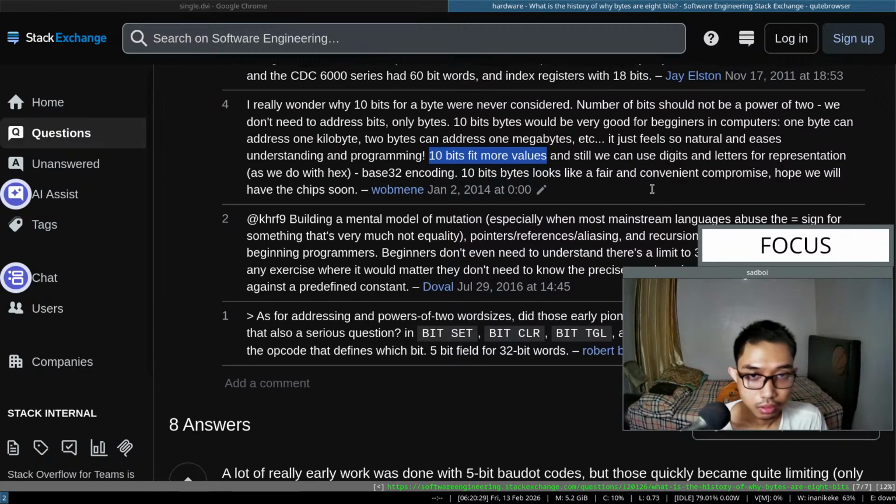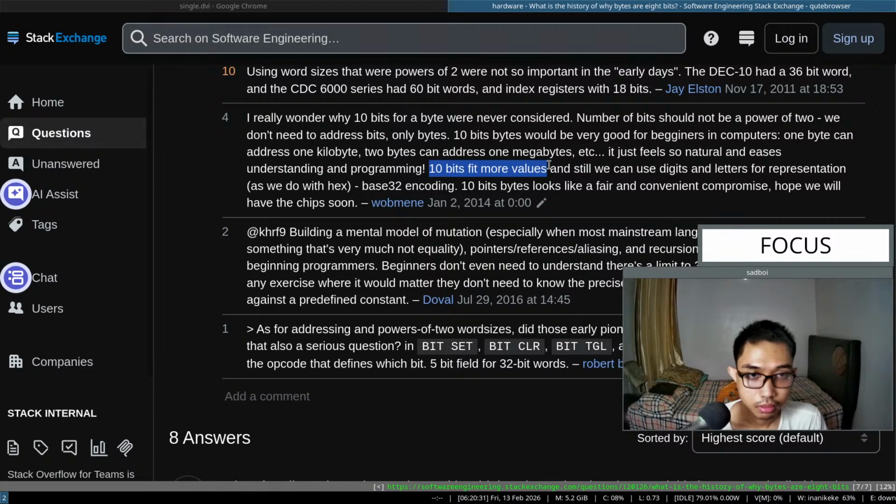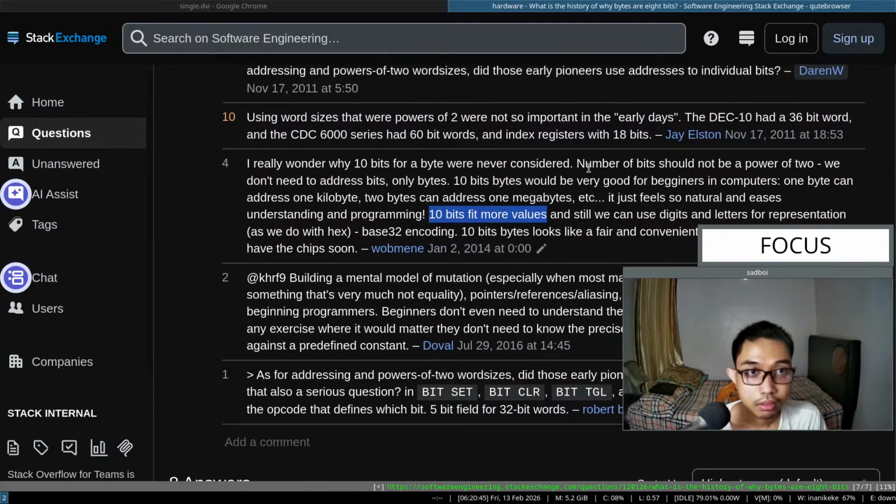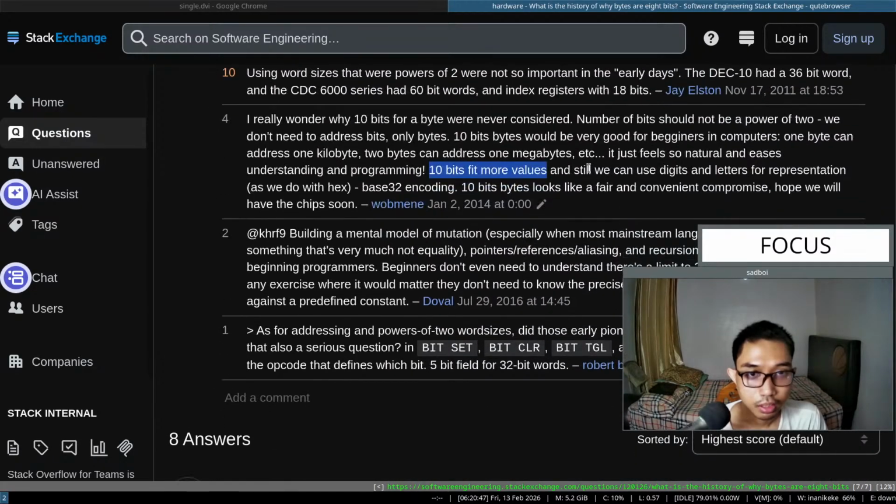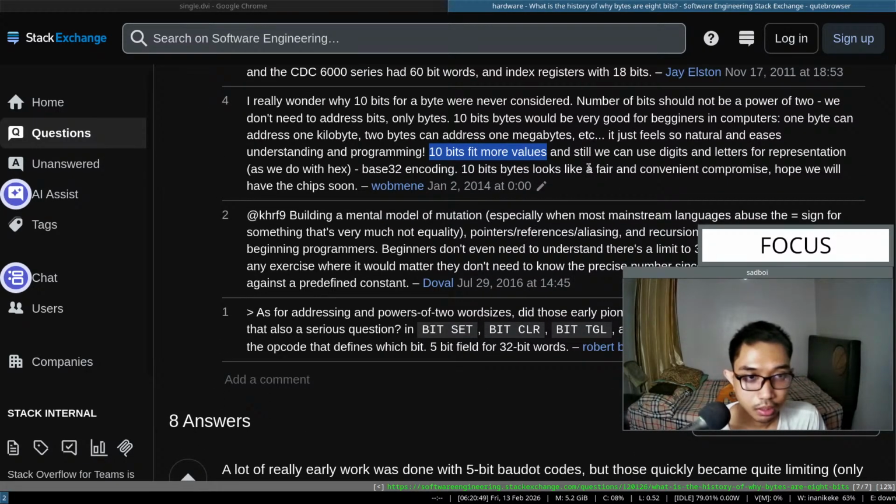I'm not sure if 10-bit would make it easier to understand. Maybe, we are using a decimal operation, right? The 10, what is it called? Base 10 operation for basic arithmetic.